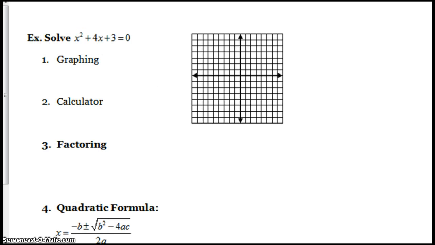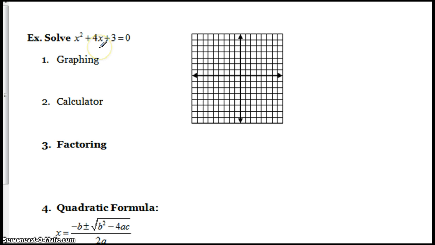But first, I want you to go ahead and realize there's always 4 ways to solve any quadratic equation. The first step is always to set the equation equal to 0, and then the 4 ways are graphing by hand, using the calculator to calculate the zeros, factoring, and the quadratic formula.